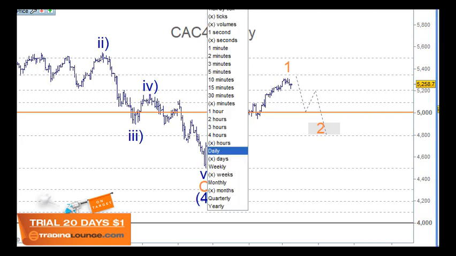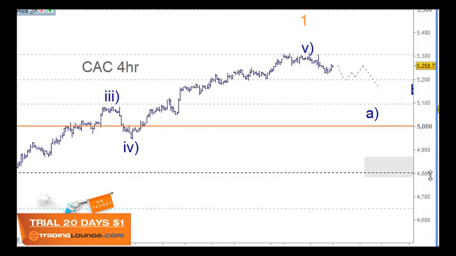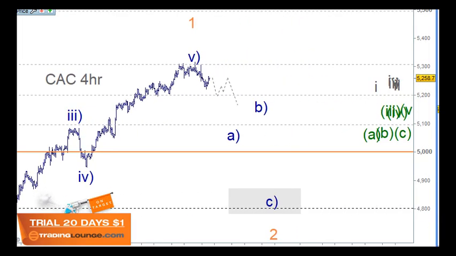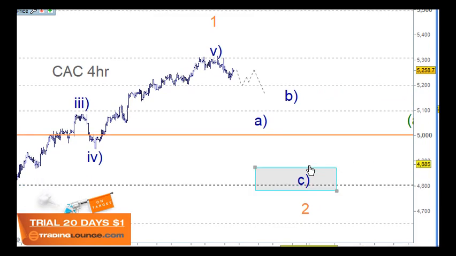So let's move in and have a look at that on the 4-hour chart here. What we're actually looking for here is 5 waves to move down through here.